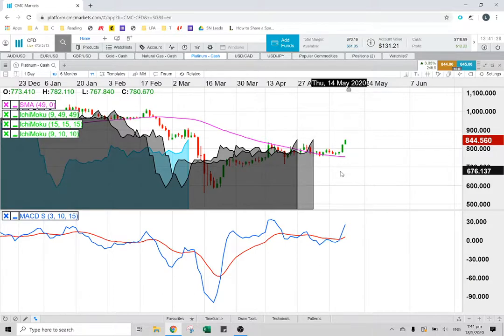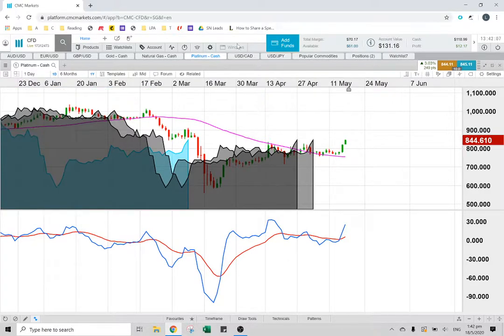I won't be buying because I don't have enough margin, but if you guys have enough margin to trade this, definitely look to buy, with the margin of error for the trend to turn up over the next 3 days. So definitely a buy for me. Stop loss wise, for it to change the picture down, I think it would be somewhere at the high of this candle. So we are looking at the high of 799, with a stop loss at 799. So that's for platinum.